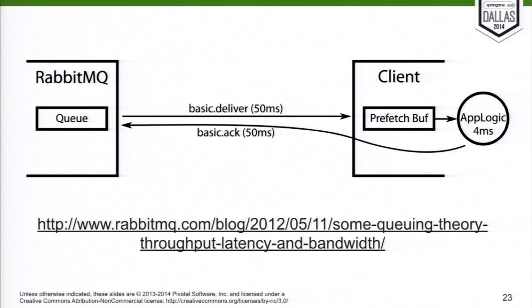So these 50 milliseconds are lost because Rabbit doesn't know that it can send you a new message, and you have 50 in the other direction, so you lose 100 milliseconds. If you have a buffer to keep processing messages, it's good for you because that will make it faster. And in Rabbit, you can send a multiple ACK. You can tell it to ACK messages up to this ID, so you don't waste one ACK per message, let's say.